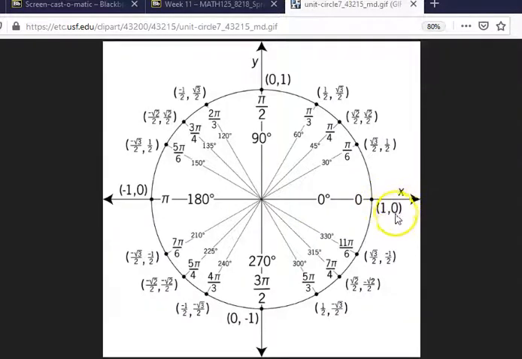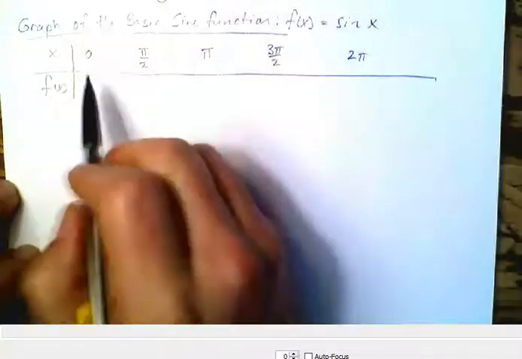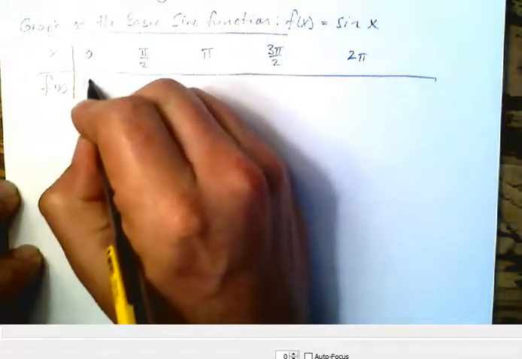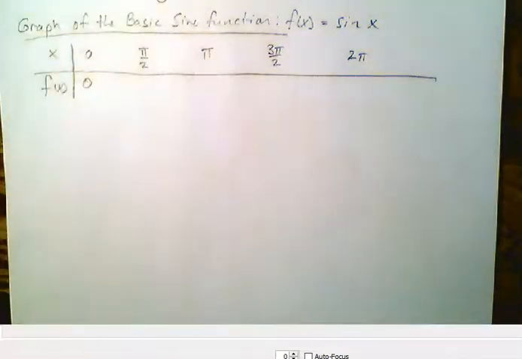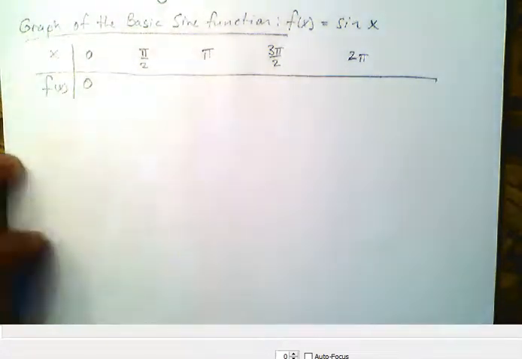So the sine of 0 is 0. So on my table here, we know that the sine of 0 is 0. Now going to pi over 2.